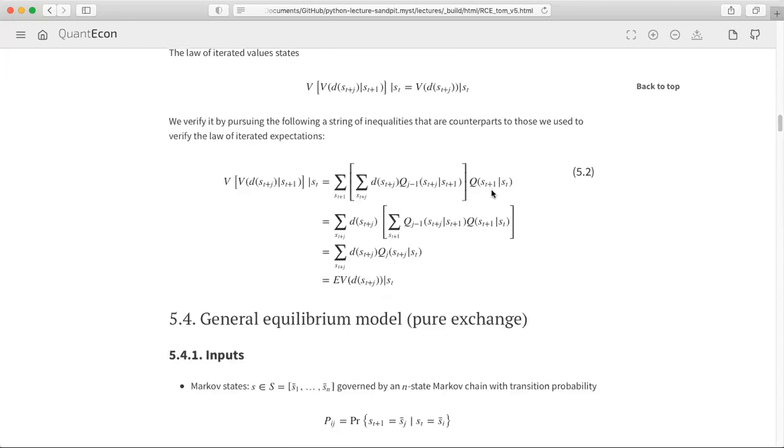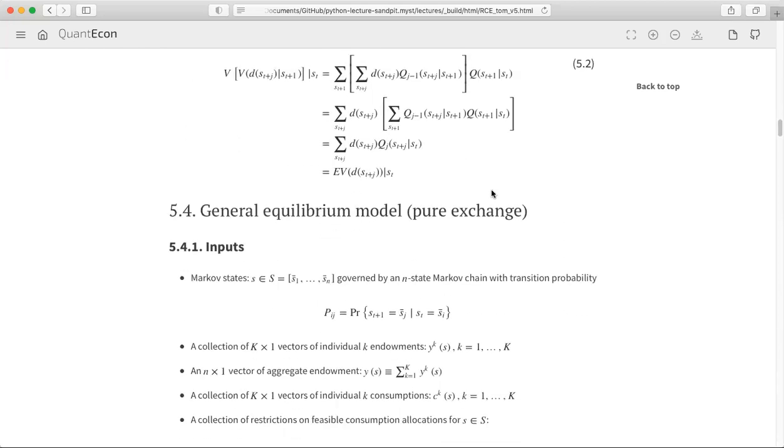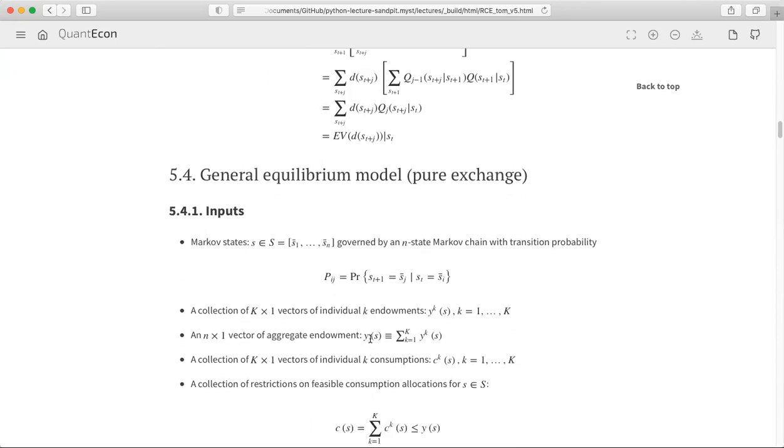Okay, so now we're just going to use what we created before in our setting. Just to remind you, we have this transition probability. We have a list of k people. They each have an endowment that's a function of the Markov state. The aggregate endowment is y.